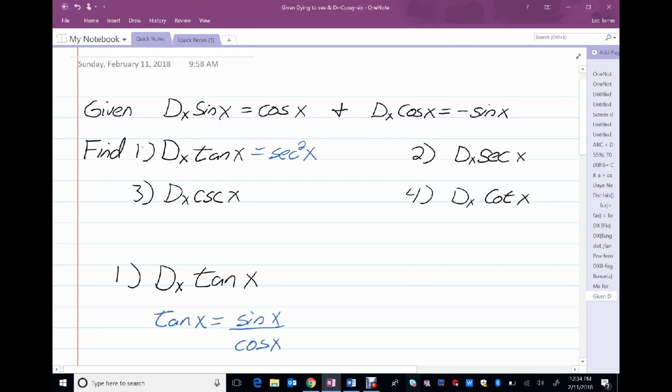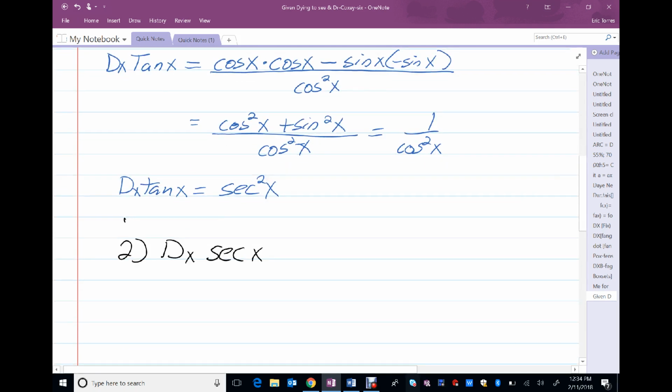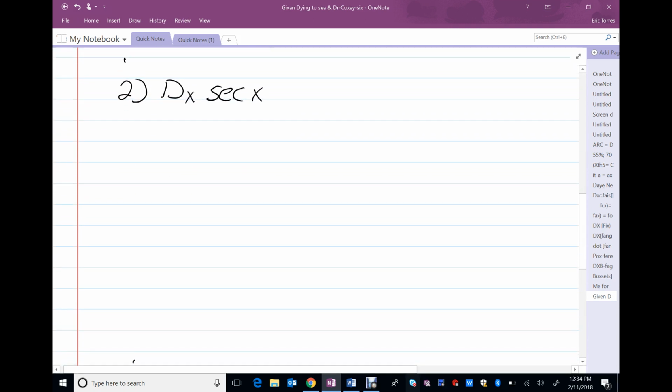Second example I will do is the derivative of secant of x. For this one, we're going to start off with the secant of x equals 1 over cosine of x.